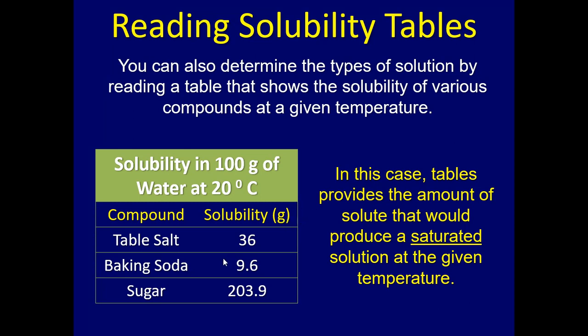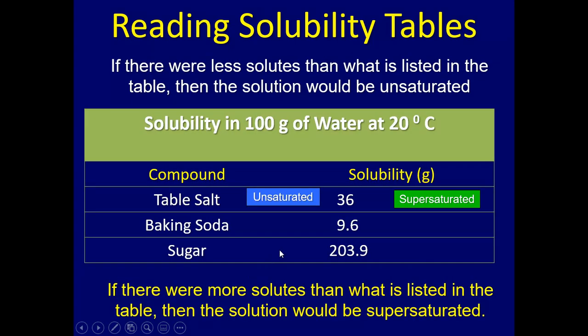If you're asked how much baking soda can be dissolved at 20 degrees Celsius, you would know it's 9.6, and that would produce a saturated solution. If you were given an amount less than what's listed in the table, it would be unsaturated. So let's say you were given an amount of 32 grams.